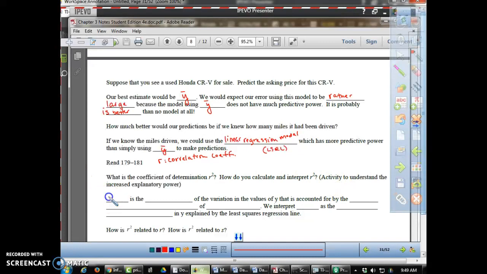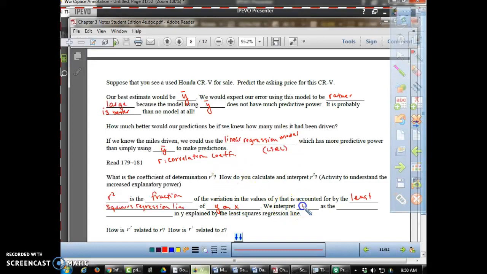So R-squared is the fraction of the variation in the values of y that is accounted for by the least squares regression line of y on x. Remember, that's just how we say that.